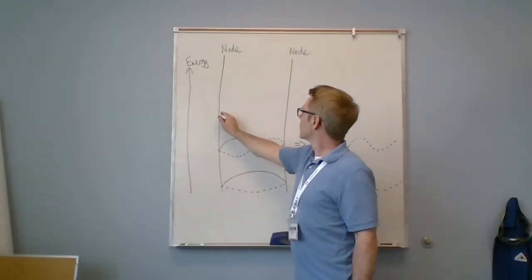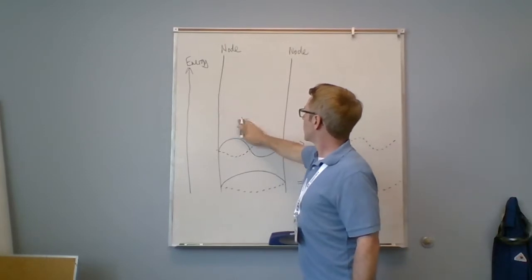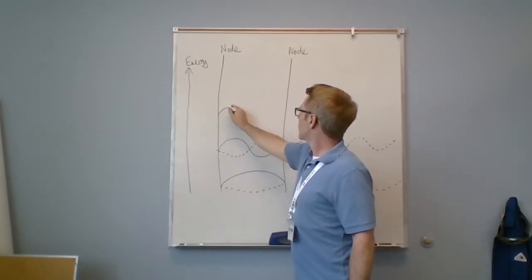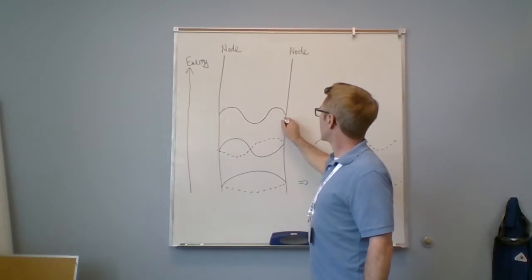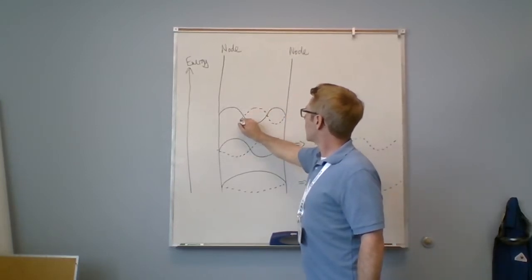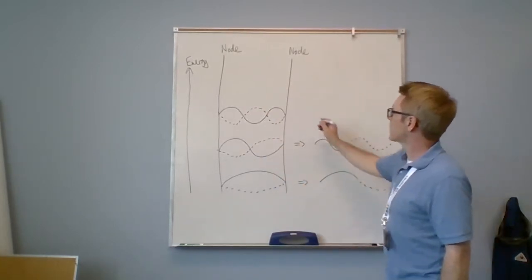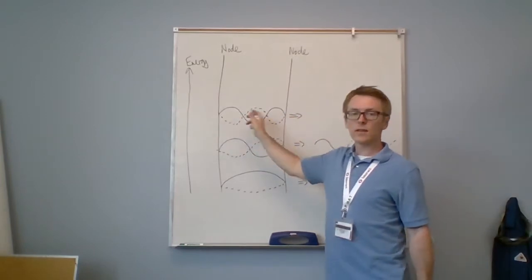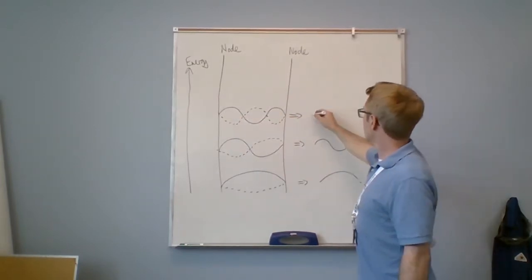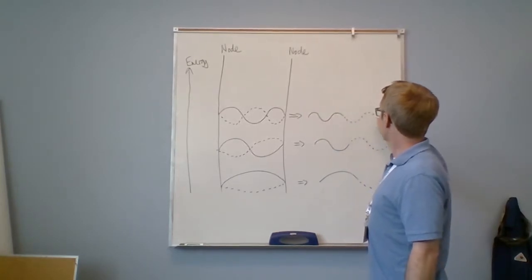I could have something like this, where again, my key criterion is that I hit a node at these two positions, which would be something like this.